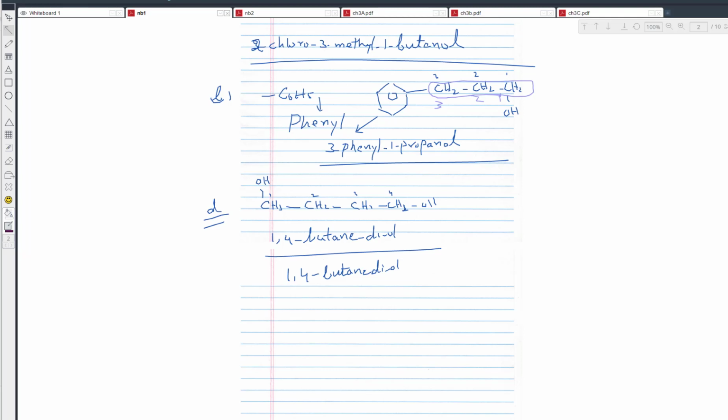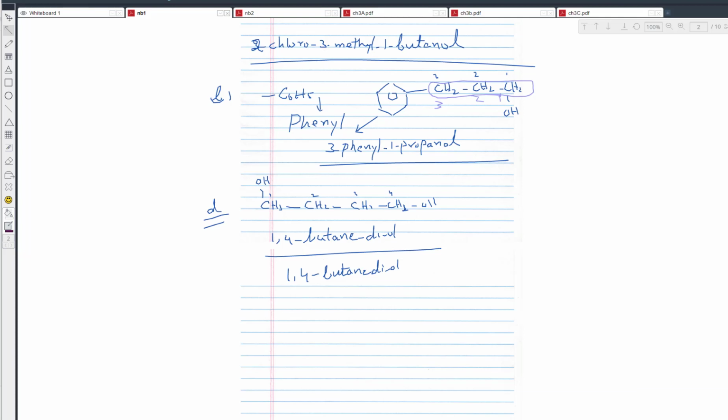This book is from 2013, I think, so it's seven years old. I don't know why they're still using it. Even if you write the correct name, your teacher is not going to take points off.